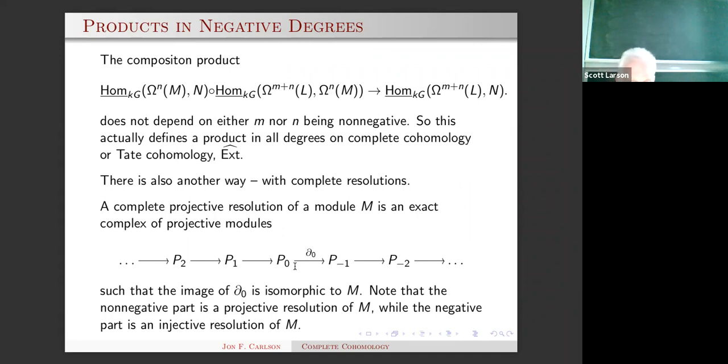So what that means is that the resolution P2 to P1 to P0 is a projective resolution of M. And going the other way, we're still doing projective modules. It's still exact. These are also injective. So going the other way, going P-1 to P-2 to P-3, that's really an injective resolution. So the positive part is a projective resolution of M. The negative part is an injective resolution of M. The modules are all, of course, both projective and injective.